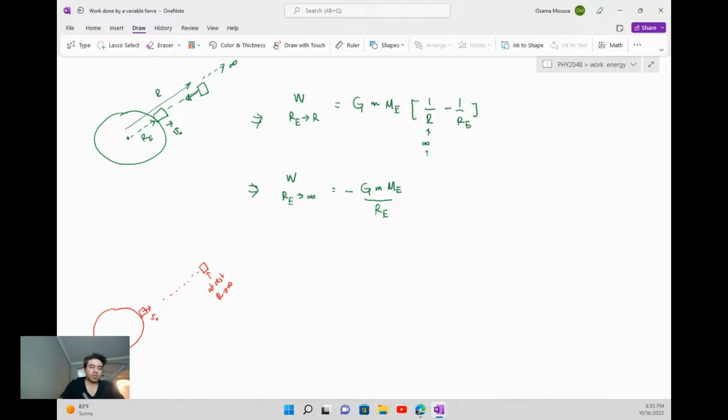That's the setup. So situation 1 here is at the surface of Earth, and situation 2 is when it's at infinity, but I don't care that it's moving at infinity because I don't want it to go beyond infinity. I just want it to reach infinity. That's sufficient to me.